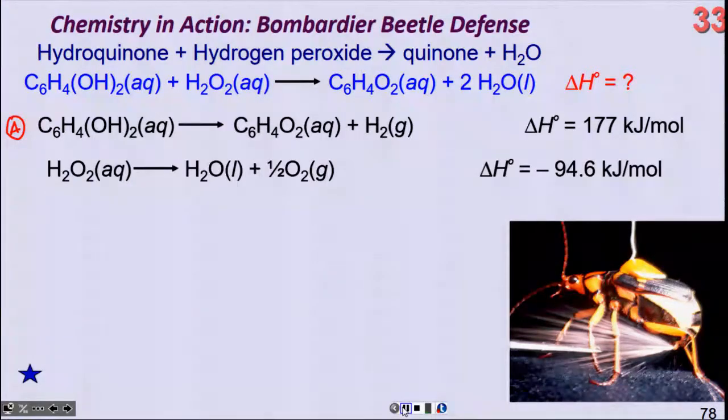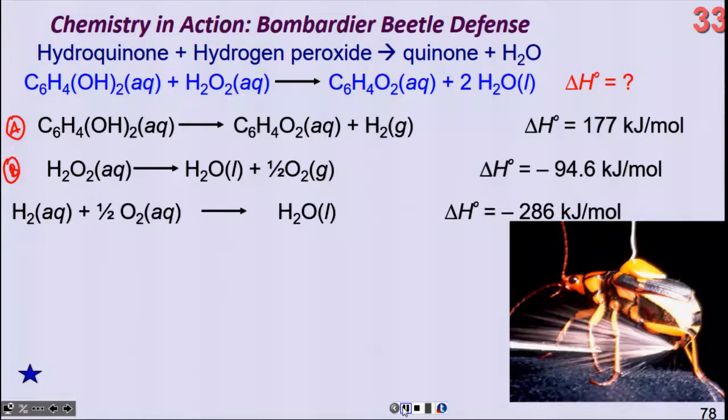Then you can find hydrogen peroxide decomposing and making water and oxygen. There's a delta H for that process as well. And then we can use the heat of formation of water, which is hydrogen with oxygen, to make water as a liquid. We've seen that number somewhere, and this time they're rounding off the 285.5.